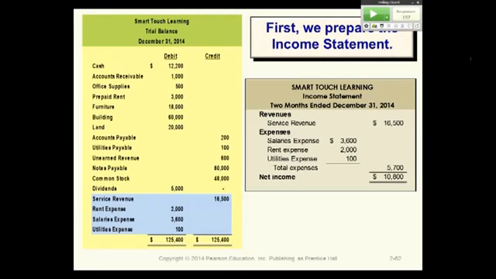Then I'd have land of 20. Then I have accounts payable. I'll move this up for you. I'd have accounts payable of 5. I'm sorry, it's going to be a credit of 5. And then I've got common stock of 30. So the debits are 30,005, and the credits are 30,005. So that's how the process would work.